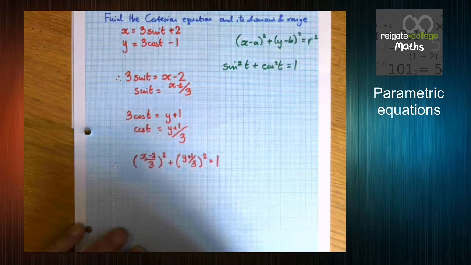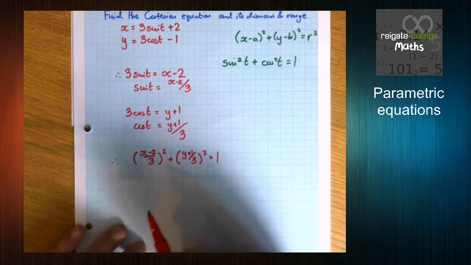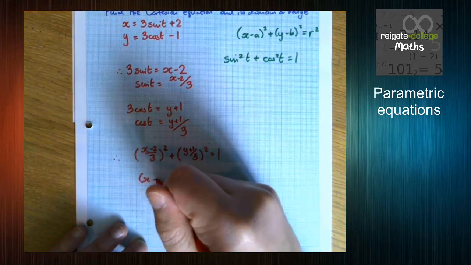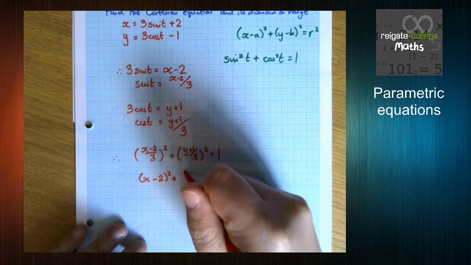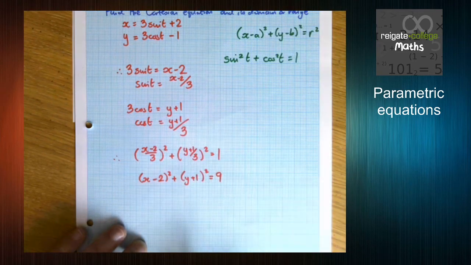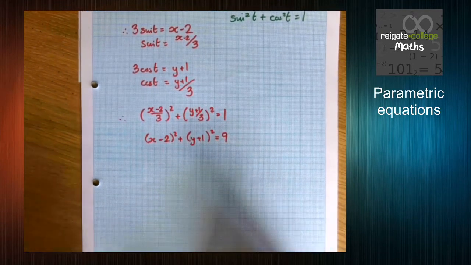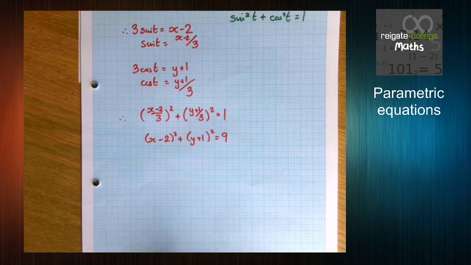Now, to make this look more like a circle equation that we're familiar with, let's multiply through by 3 squared. And that's our equation. To find the domain and range, we do as we did in the previous video, but again, because we've already drawn the graph, it's actually very easy.